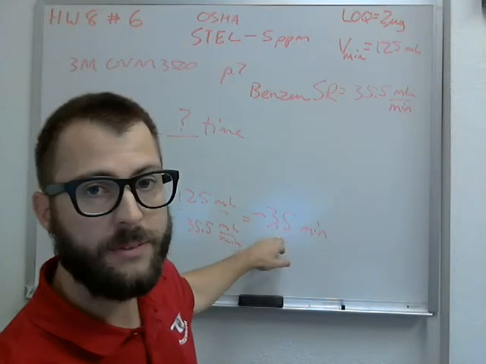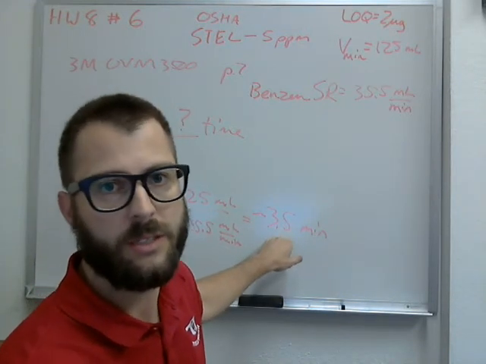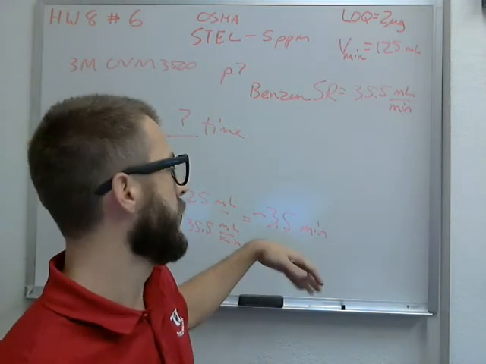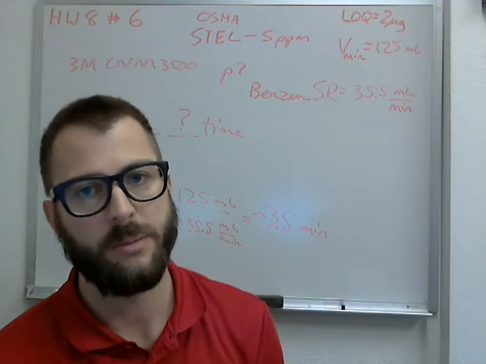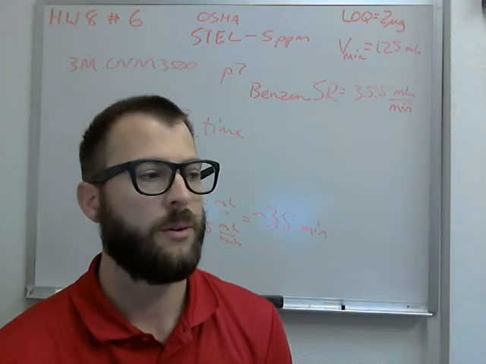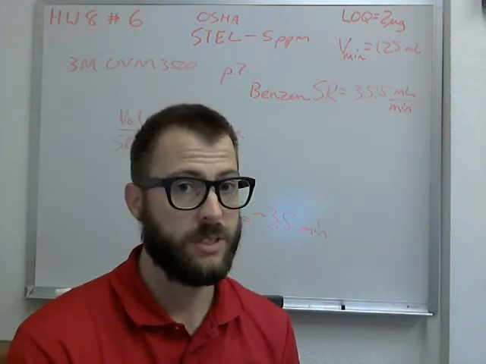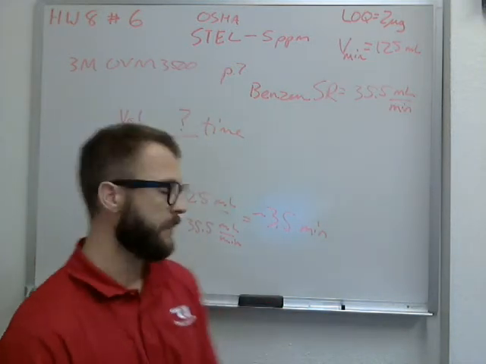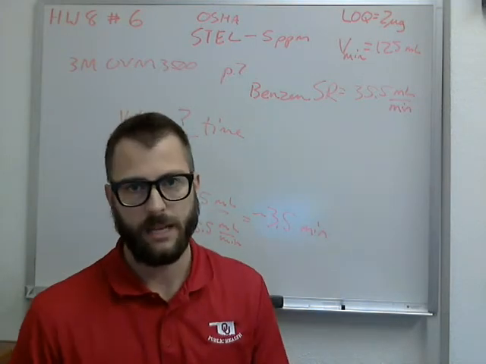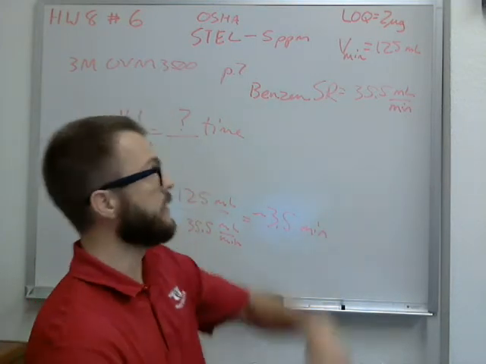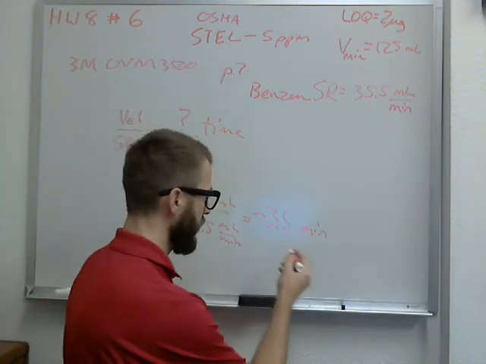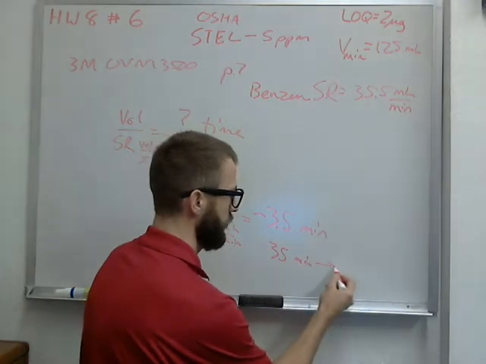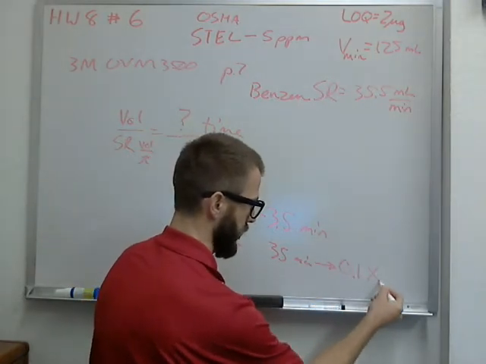Now, if it was right at 15 minutes, it would be just like the previous explanation for section A: yes, 125 milliliters is the minimum, but we would really like to collect down to 10% of the exposure limit. For that, we would need 10 times the volume, so 10 times the length of time. So we would need about 35 minutes to get to 0.1 exposure fraction.